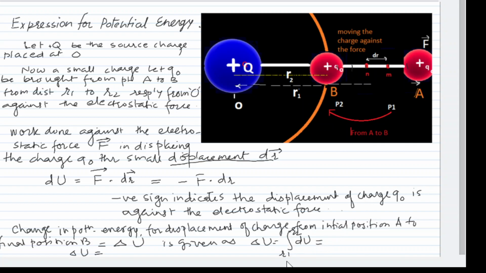So integration is from R1 to R2, and that is equals to integration from R1 to R2 of dU, and dU is minus F into dr, minus F into dr.